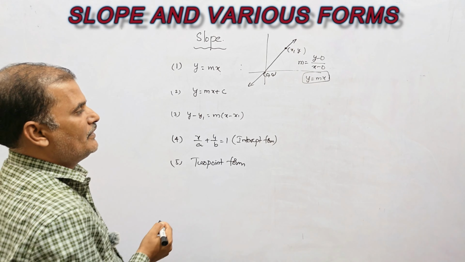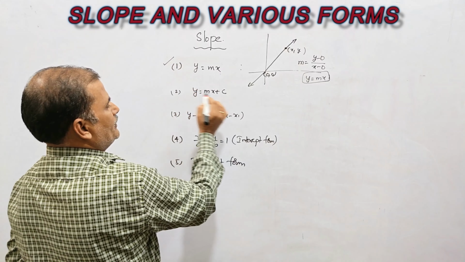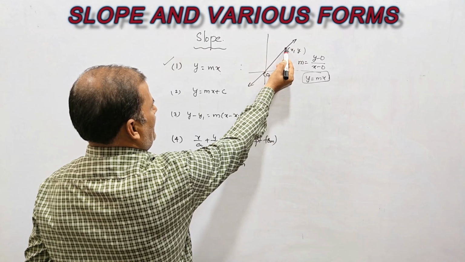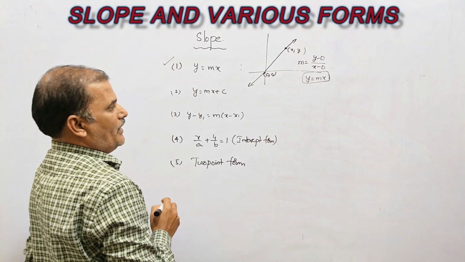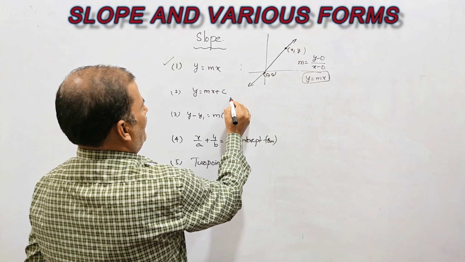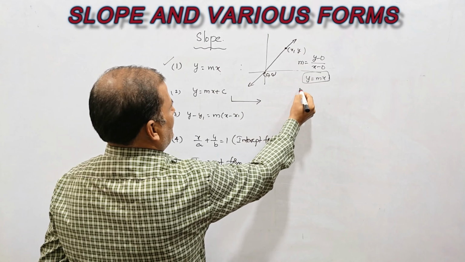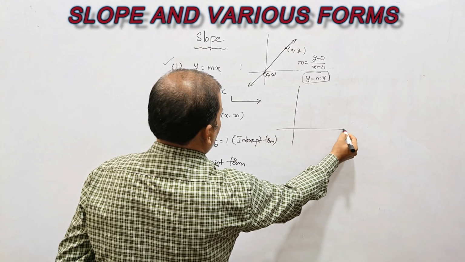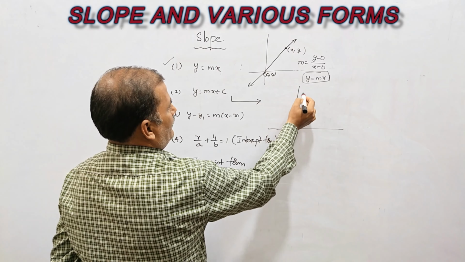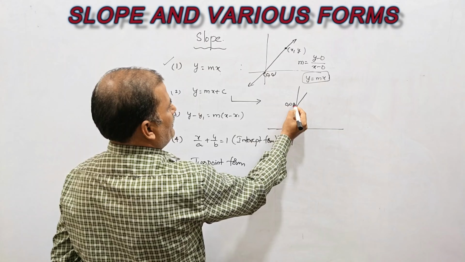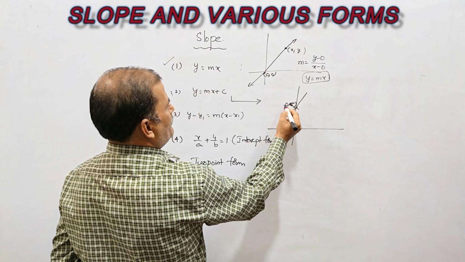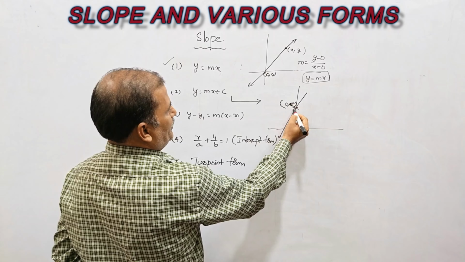Whenever slope is given, y is equal to mx. Take a point x comma y and find the slope of these 2 points, we get y is equal to mx. Now the second one, y is equal to mx plus c. The same notation we apply here. The line intersects here at the point 0 comma c, because y-intercept is c.